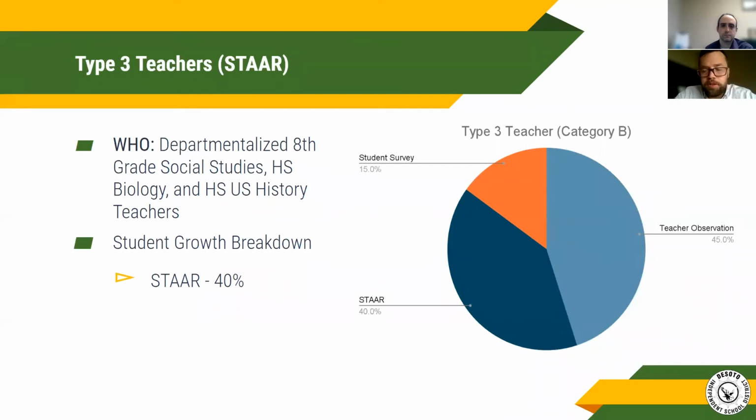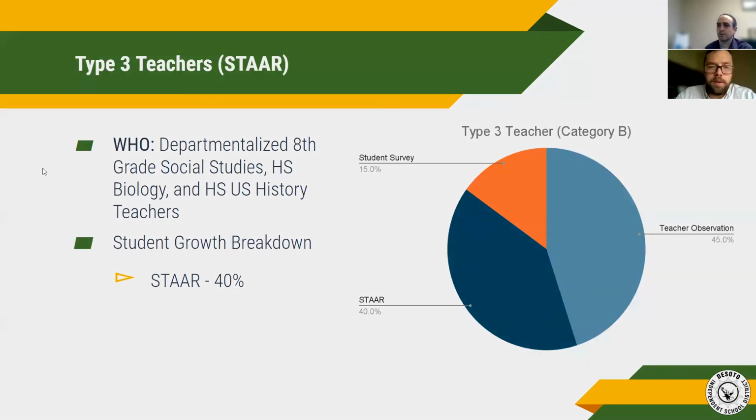Type 3 teachers are those whose classes do not have a MAP exam, but they do have STAAR. And so who is this? This is departmentalized 8th grade social studies. This is high school biology and high school US history teachers. So yours is the 45% teacher observation, the 15% student survey, and 40% growth is all based on STAAR because there is no MAP testing.